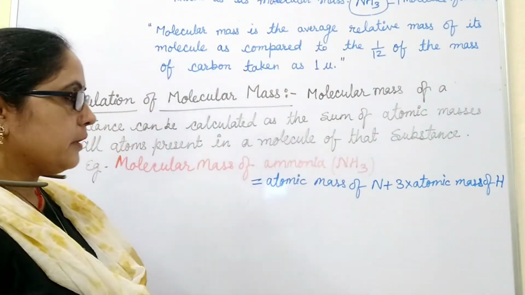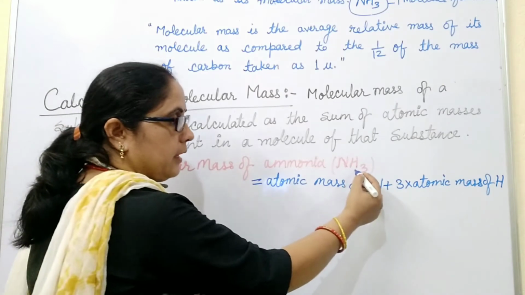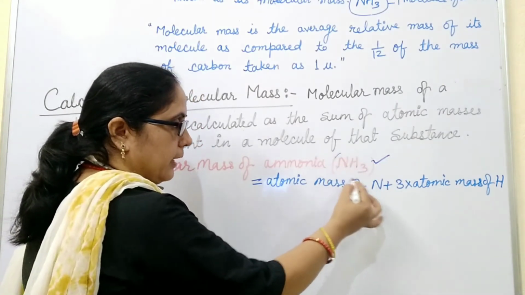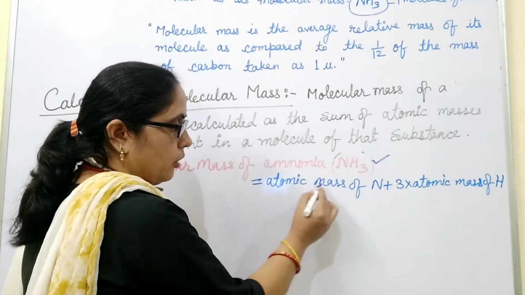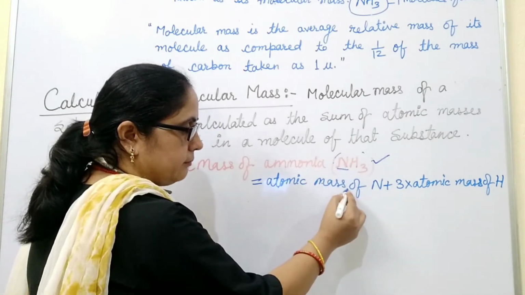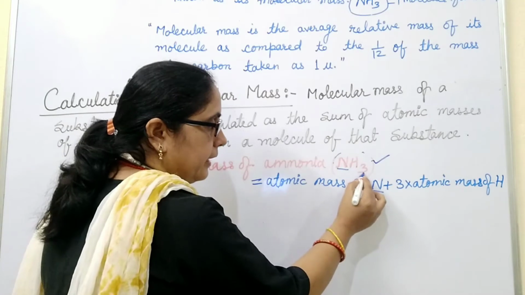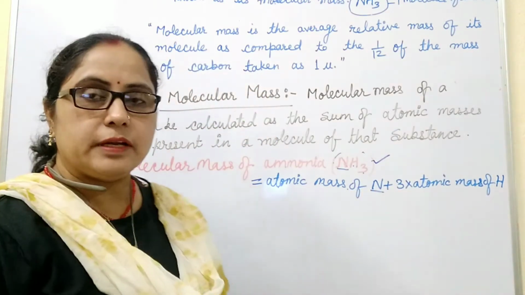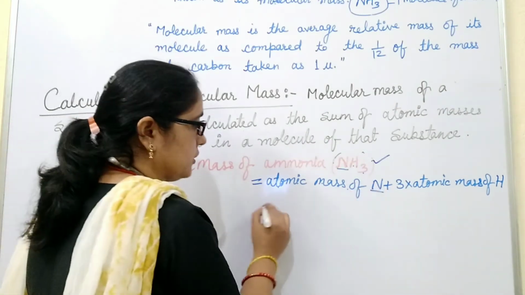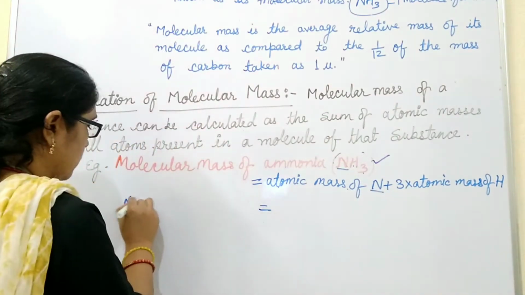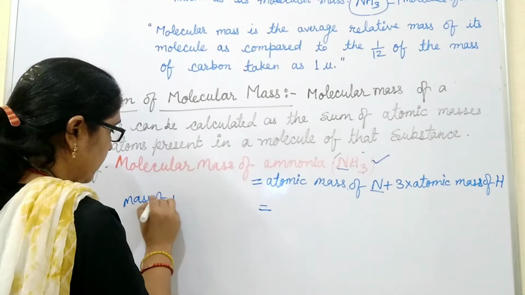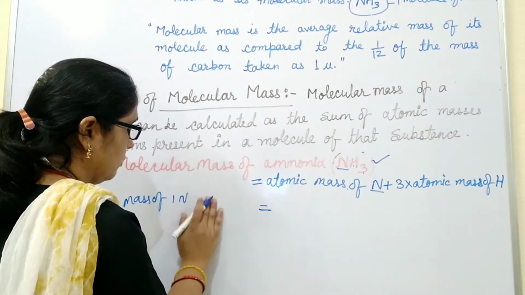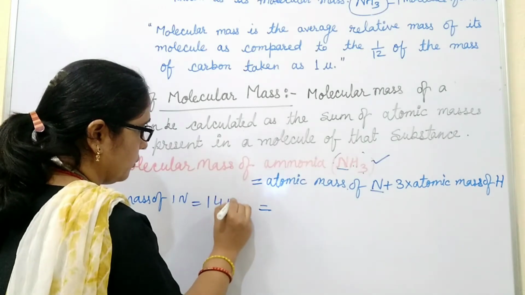For example, the molecular mass of ammonia is equal to the atomic mass of one nitrogen atom plus 3 times the mass of a hydrogen atom. And we know that the mass of one nitrogen atom is equal to 14 units.